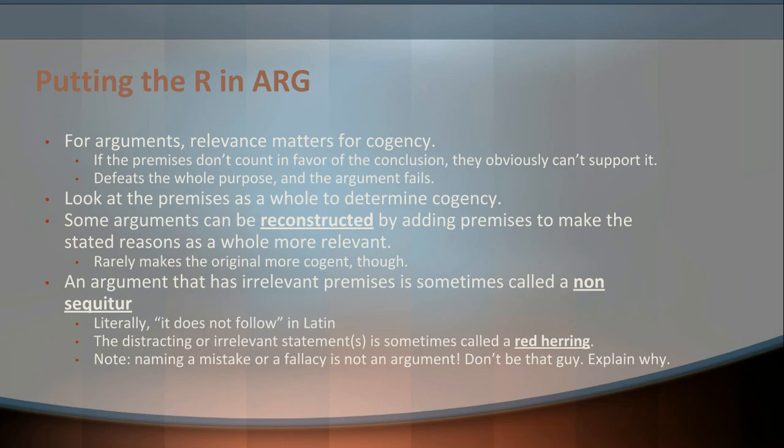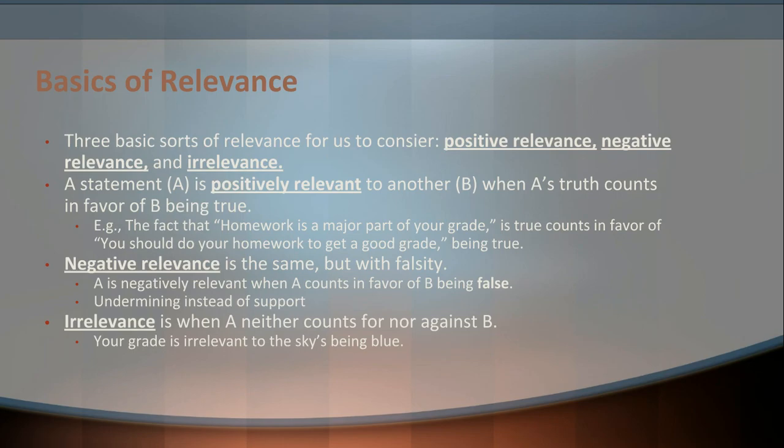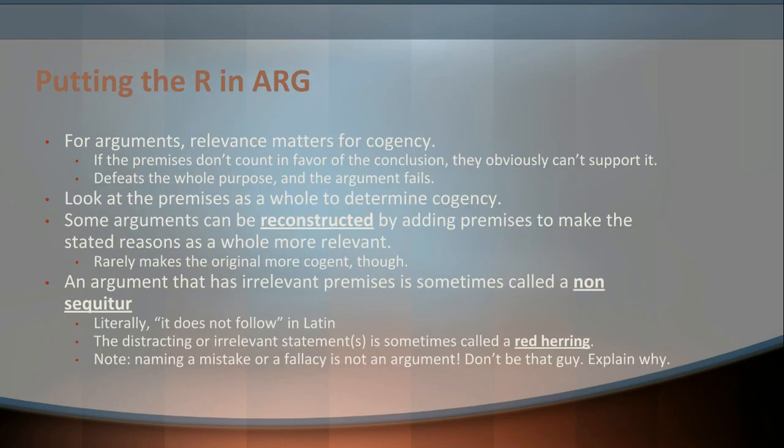Like, take earlier my example of an irrelevant statement, saying that it's sunny outside right now, as being irrelevant to your actual grade. Now, I could reconstruct that argument, and I could add several statements about why that actually does affect your grade in some way. Maybe I start saying something like, well, it's sunny outside, and when it's sunny outside, your teacher's in a much better mood.